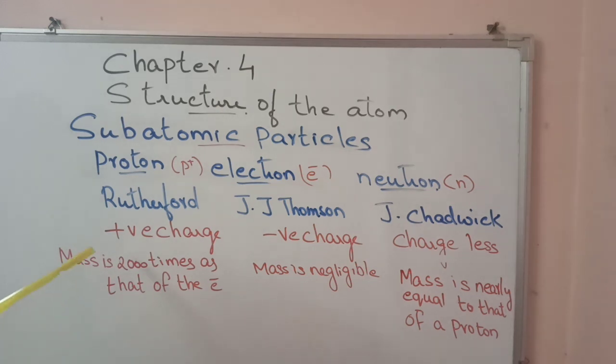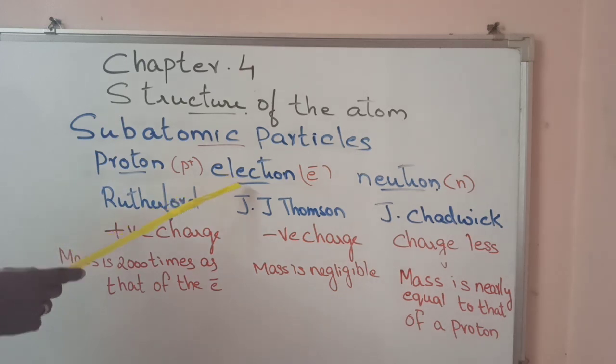Protons are positively charged particles and are present in the interior of the atom. The mass of a proton is 2000 times that of the electron, and this proton is represented as P+.